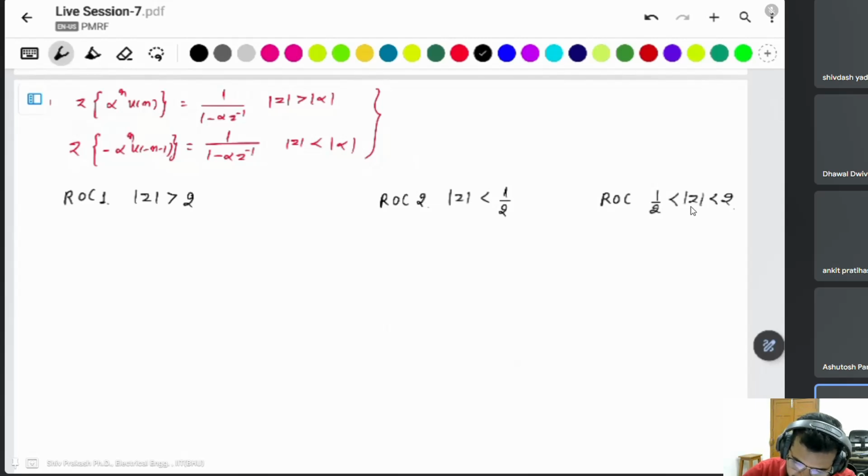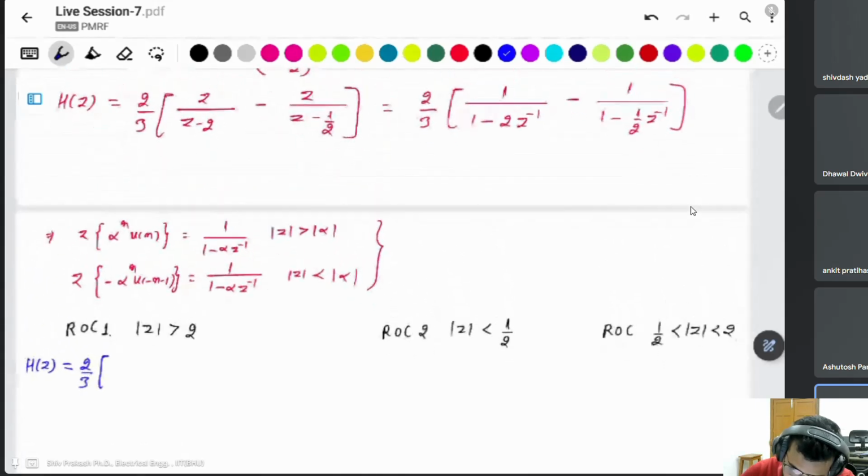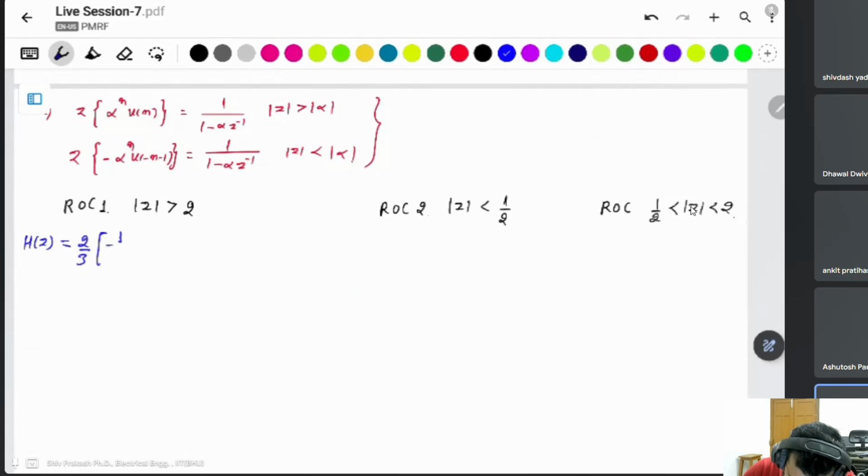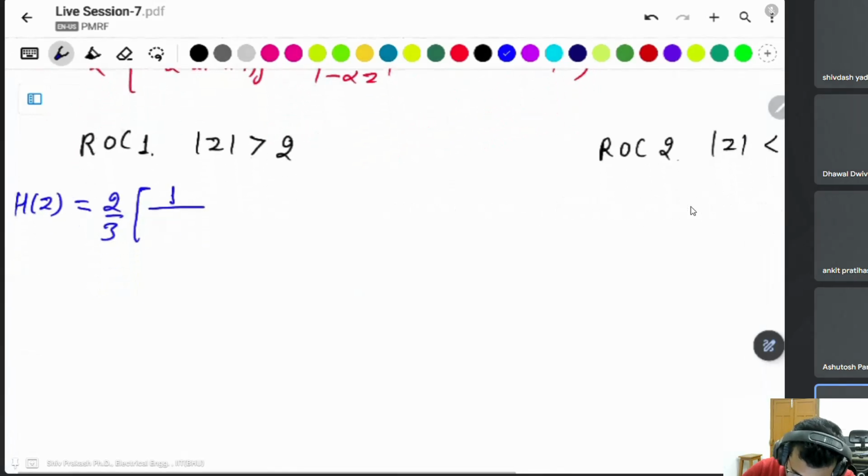In this condition, take the z transform of the system, 2 by 3, which you got as 1 divided by (1 minus 2 z inverse) minus 1 divided by (1 minus half z inverse).